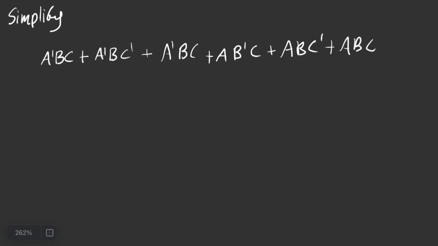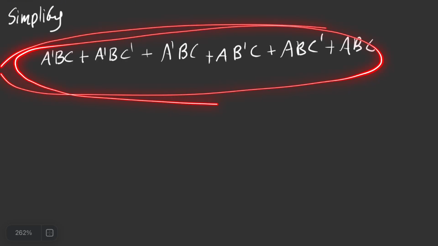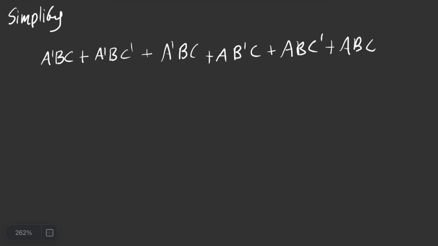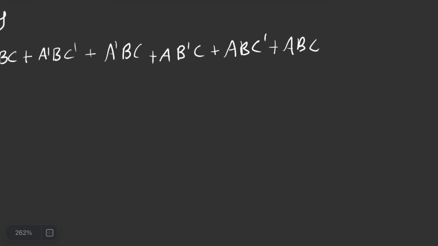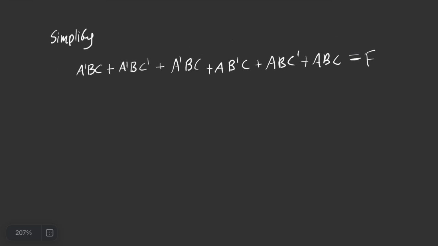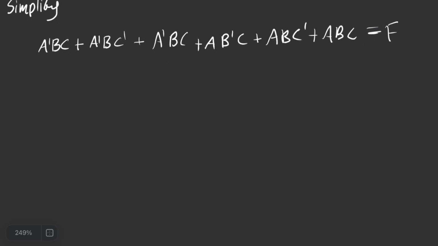Okay, so for our first simplification question, using the laws of Boolean algebra, we are going to simplify this expression. All of this is going to equal f. Okay? So first off, we are going to group terms that differ in their value of a.